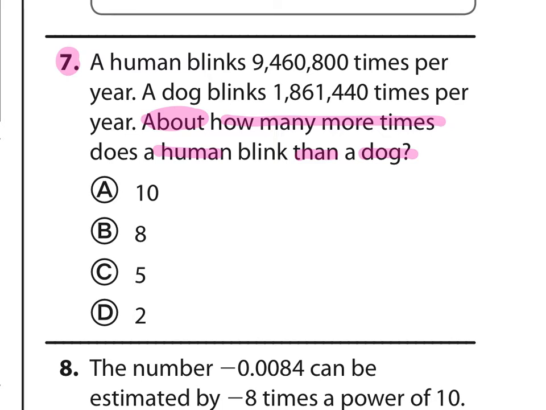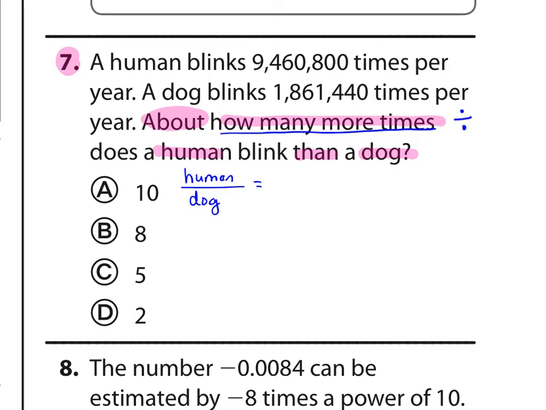It tells us we're just going to get an estimate. But when we see that phrase, how many more times, how many more is going to compare, but how many more times is going to indicate comparing multiples. So we're dividing. We're dividing humans then dogs. So we're going to take the human number and divide by the dog number and see what we get.